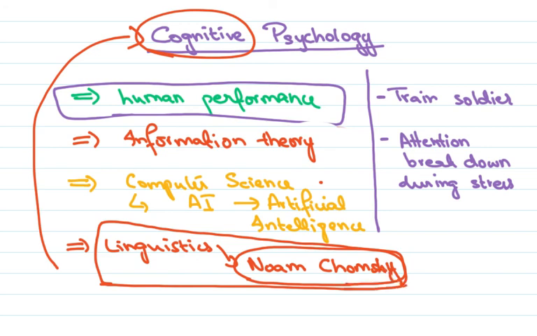Now, next, what we see is that all of these different factors that we've considered combined to form the information processing approach to studying human cognition. And that is something that I've hinted at earlier as well.